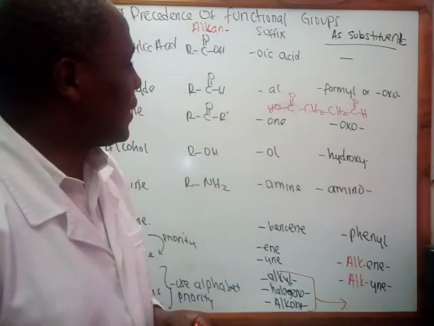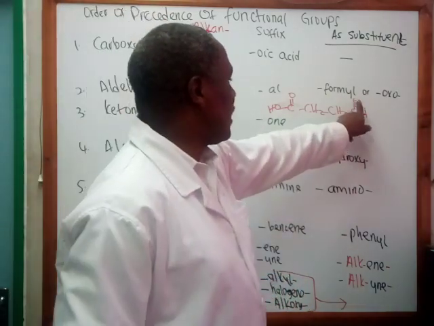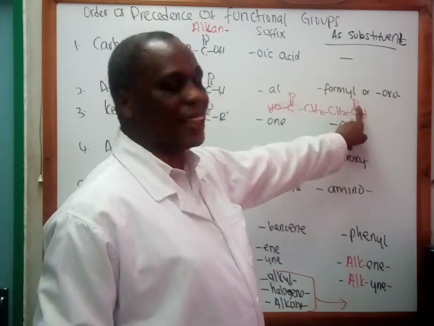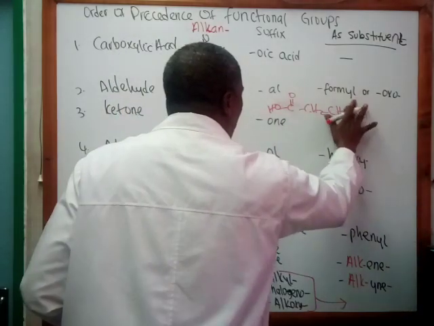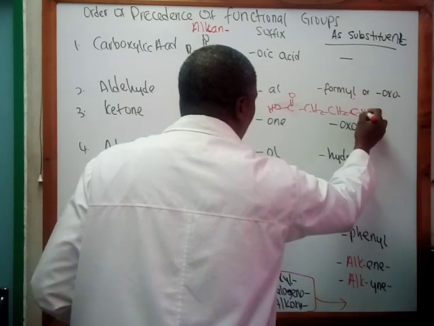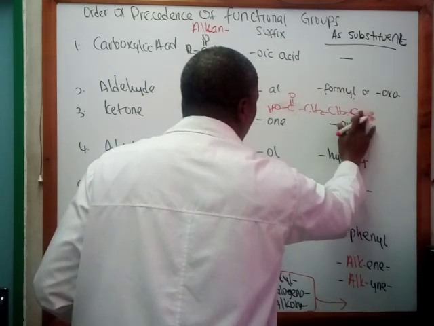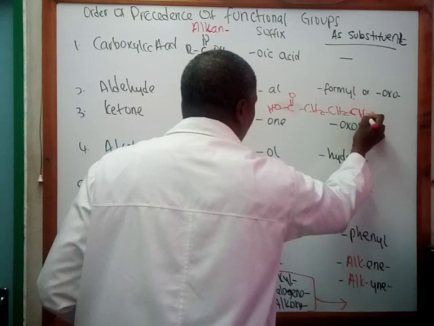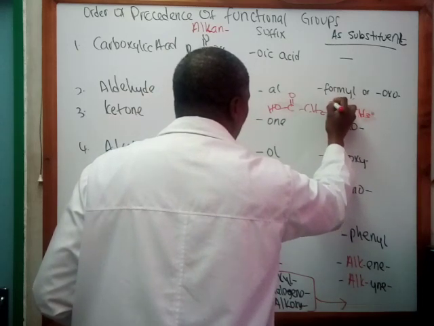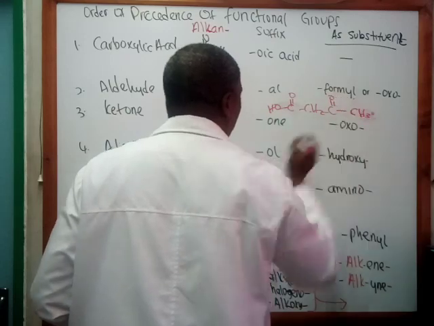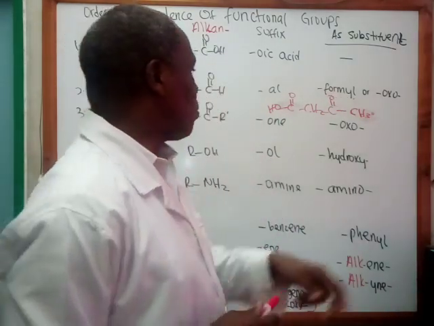On the other hand, if the carbonyl group is at any other position, for example, assuming here I had a CH3 here, and then on carbon number 3, I put a carbonyl group.